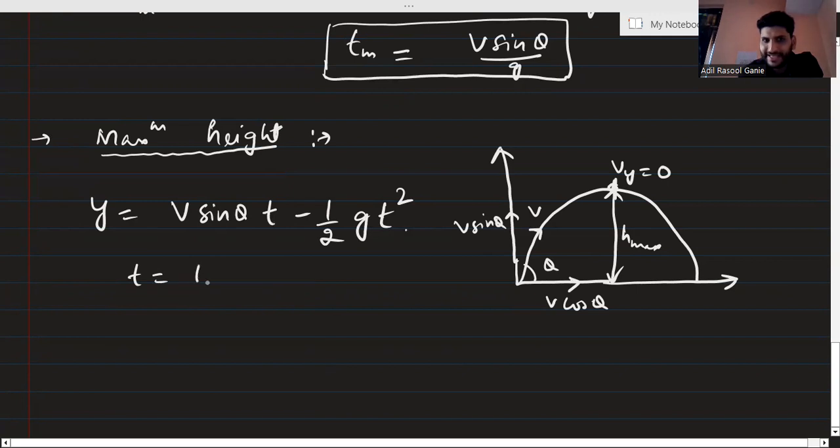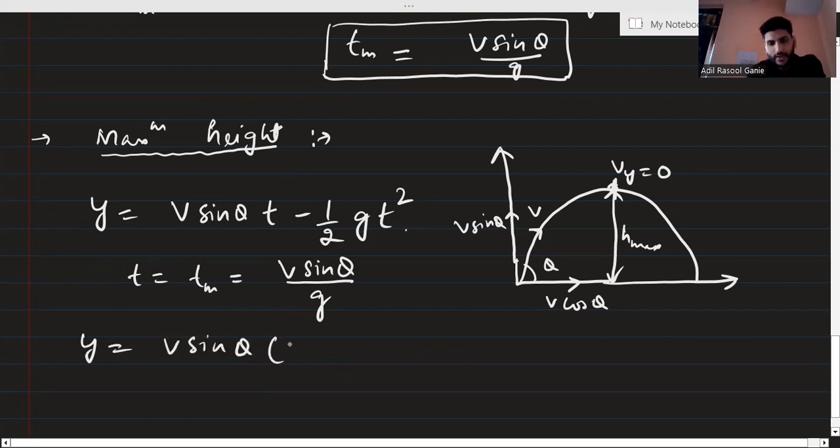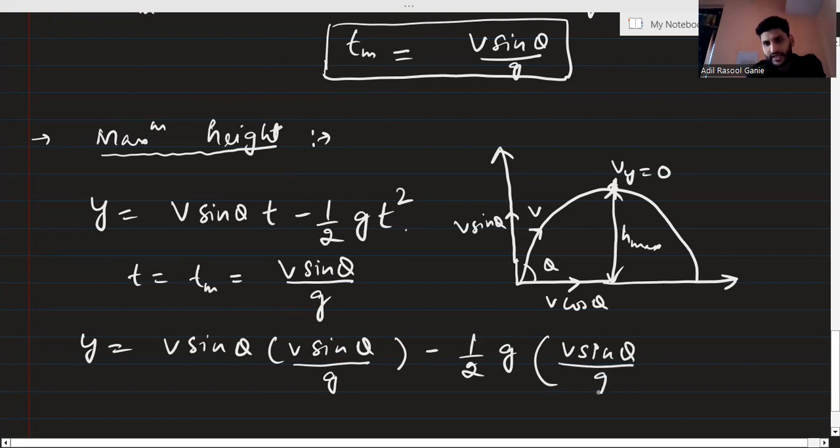So this t is t_m, the time the body takes to reach the maximum height, and its value is v sine theta upon g. If I place this value in the above equation, I get y is equal to v sine theta into v sine theta upon g, minus 1/2 of g, then (v sine theta upon g) whole square.